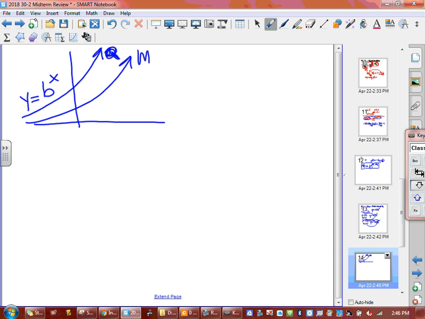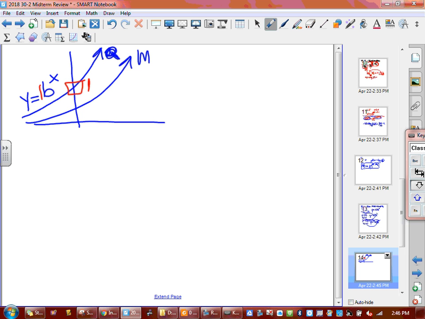It's 1. They will always have an a value. If they don't tell you an a value, your a value is automatically +1. So that tells you right here on the scale, that's +1 that it's touching. Because the a value is the y-intercept. And you have to know that part.